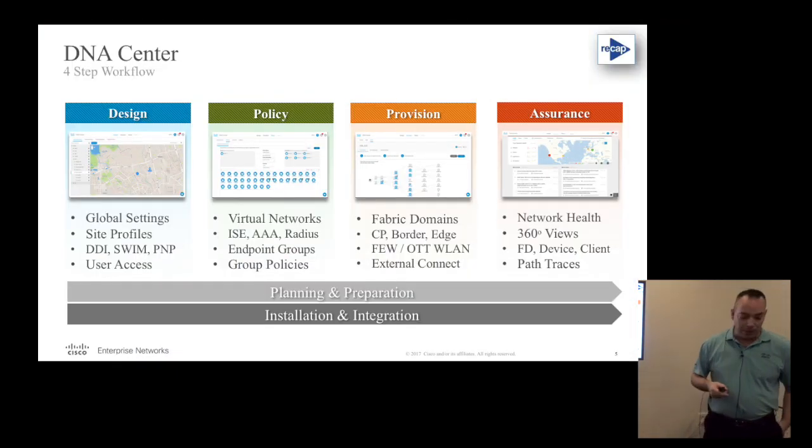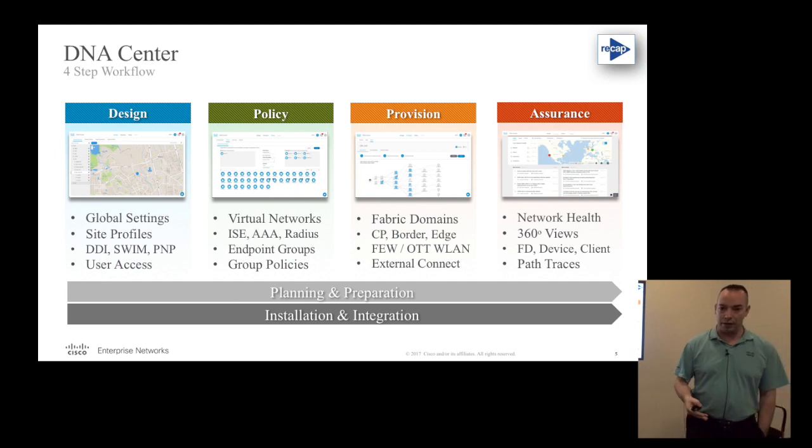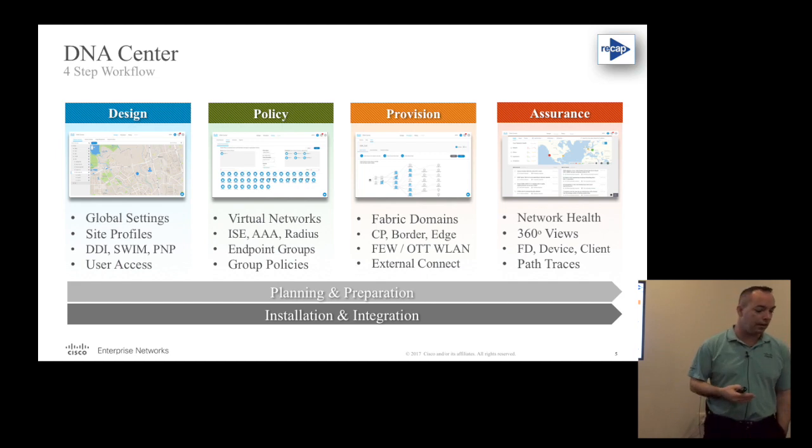Let's just peek at the various workflows, as we like to call them, because there's a lot of different things you can do inside of them, but these are tasks that you have to do, by various personas within the company. Design is geared towards your architect, policy towards SecOps, and provision and assurance towards NetOps.